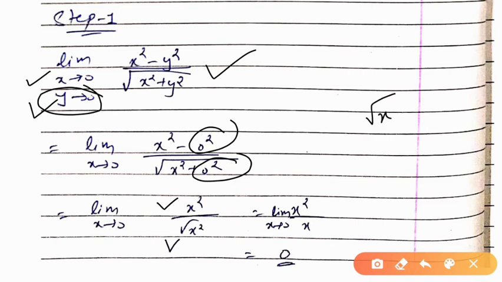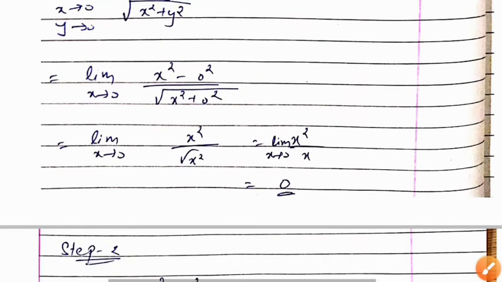Now you know that root x square equal to x, so this x will get cancelled. You only get limit x tends to 0 of x. Now I will put x equal to 0 here, and you get your answer as 0.